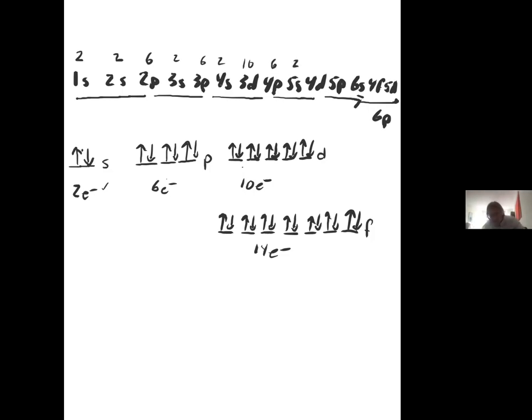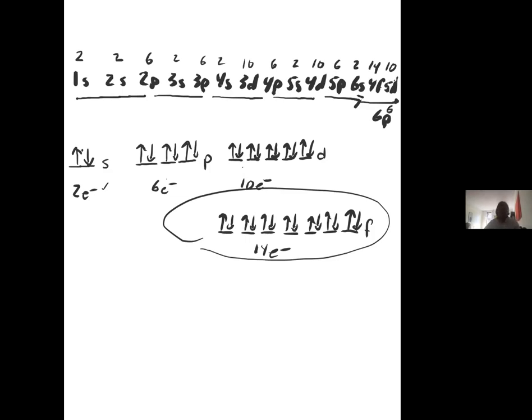The s, 2. The d, 10. 6, 2, 14 now. You can go up to 14 electrons if you do all these f orbitals, right? And then we have 5d. I know it's hard to see that. 5d is 10. And then 6p is 6. That's a lot of electrons now, right? Let me count up how many electrons we have. 2, 4, 10, 12, 18, 20, 30, 36, 38, 48, 54, 56, 66, 70, 80, 86 electrons right there.